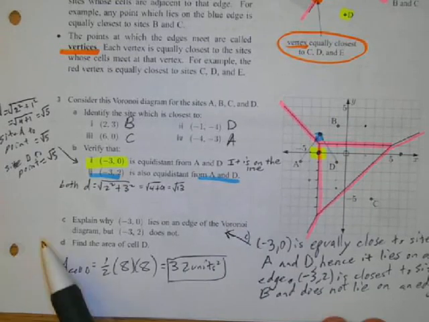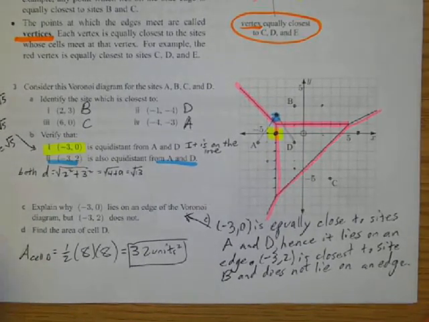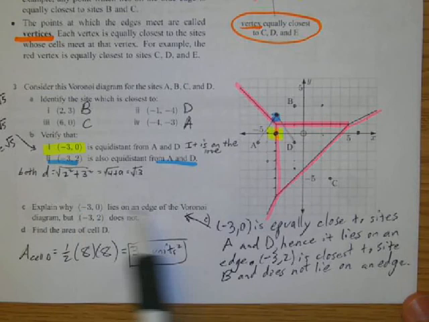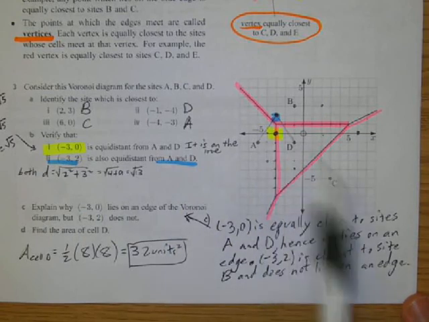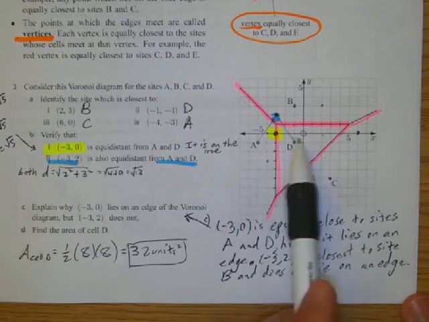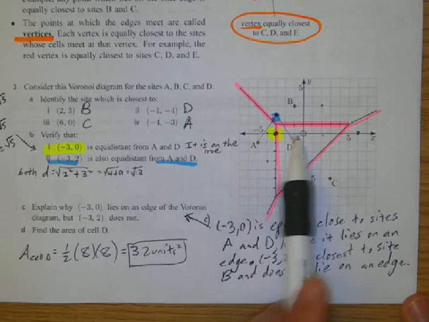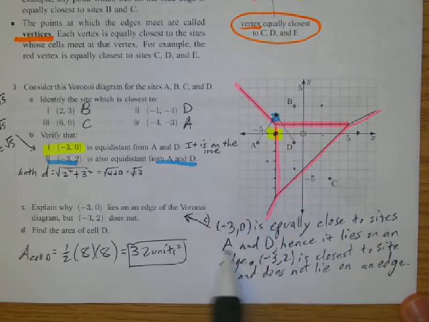You may want to hit pause to look at C and D. Explain why (-3, 0) lies on the edge. (-3, 0) is right there, and it's an equally close site to A and D, hence it lies on the edge.